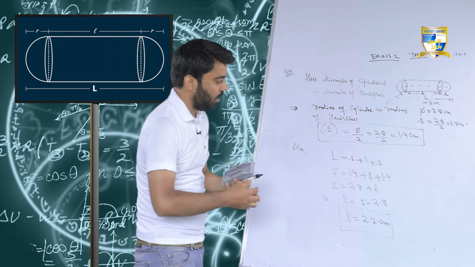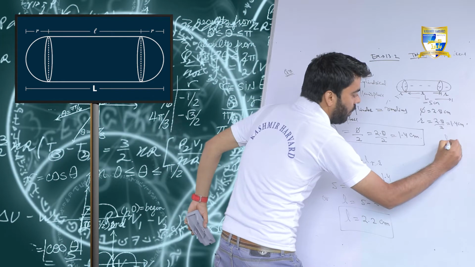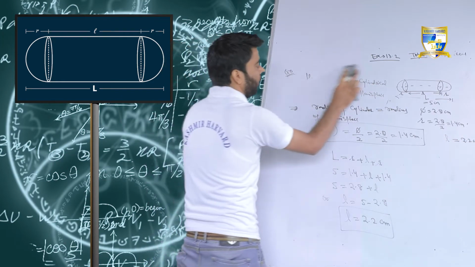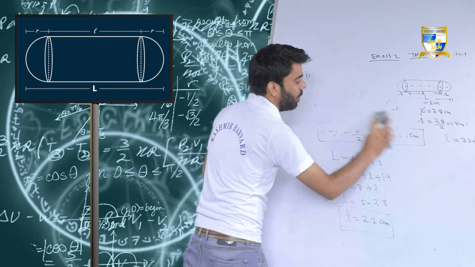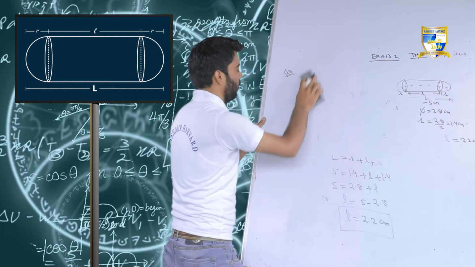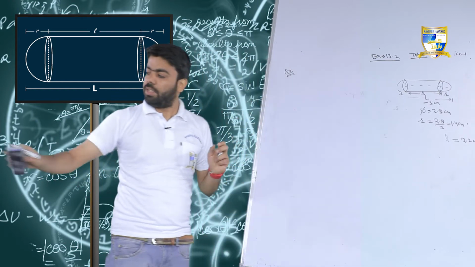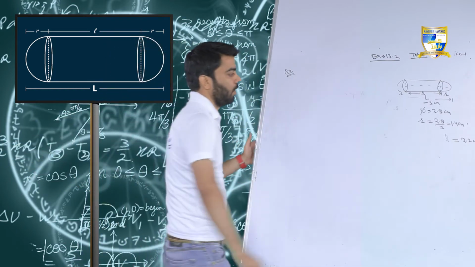Now let us find the volume of one gulab jamun. Here l, we found, is 2.2 centimeter. The question is easy, but it's a good question.